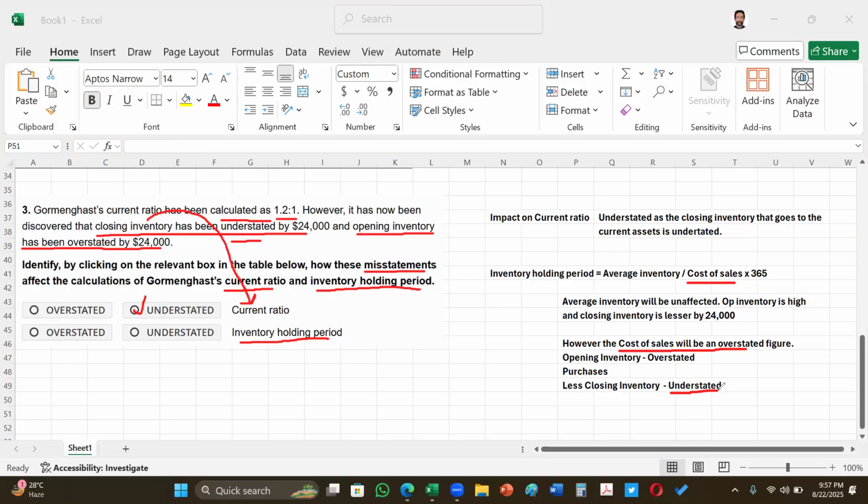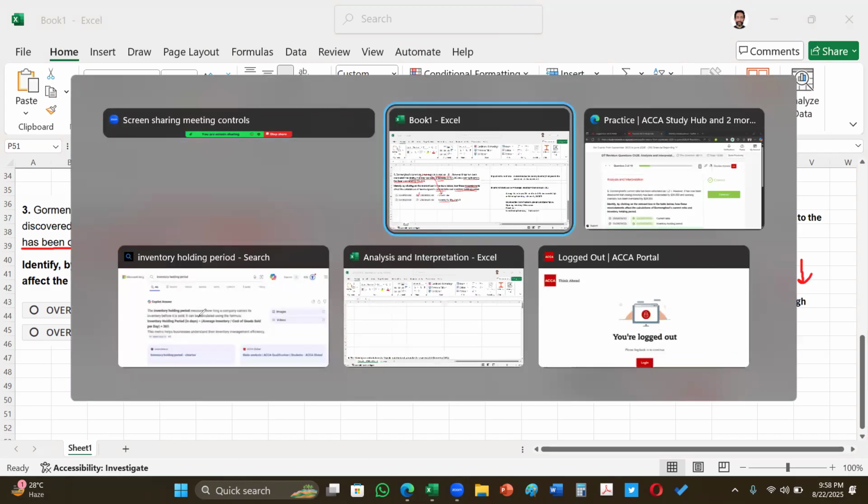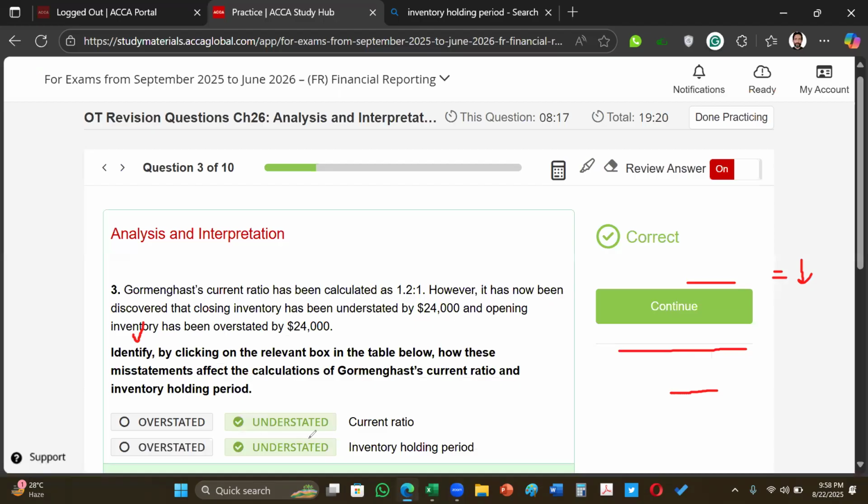So that is going to lead us to an understated inventory holding period, because the denominator is going to be a higher figure. This would lead to a lower inventory holding figure, an understated one. So if we go back and see, the current ratio will be understated and the inventory holding period would also be understated. Okay.